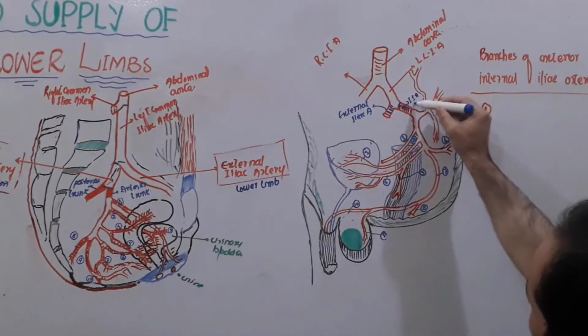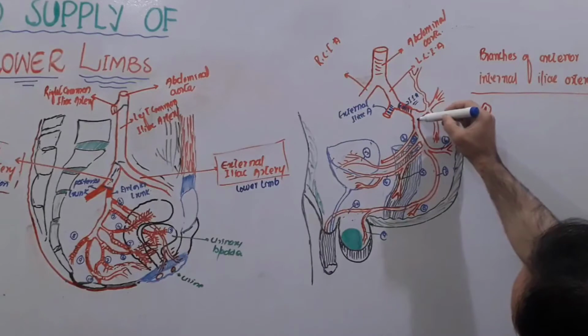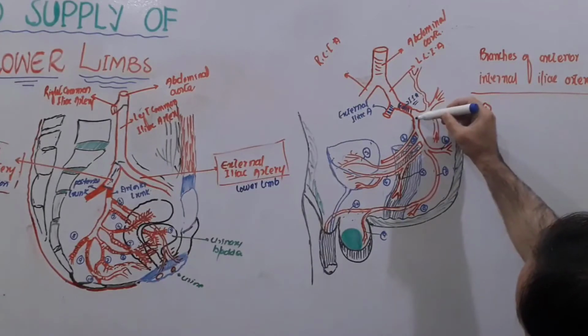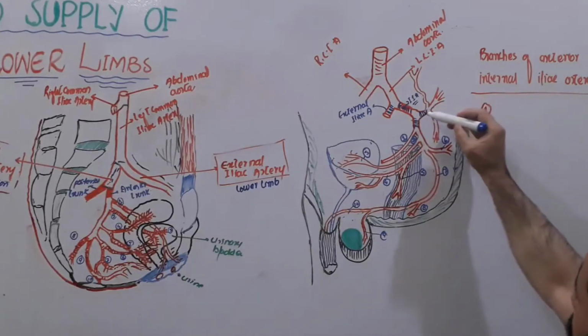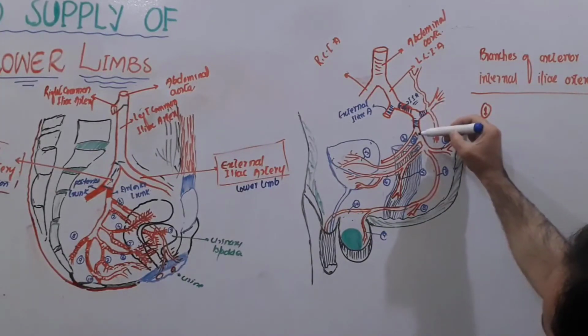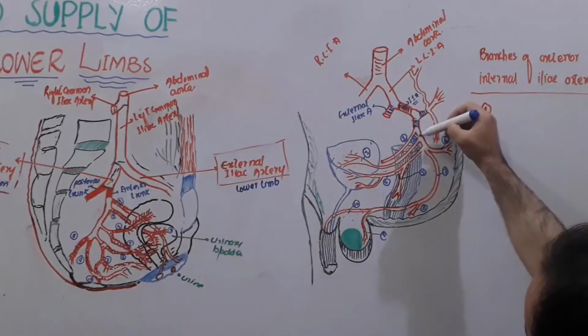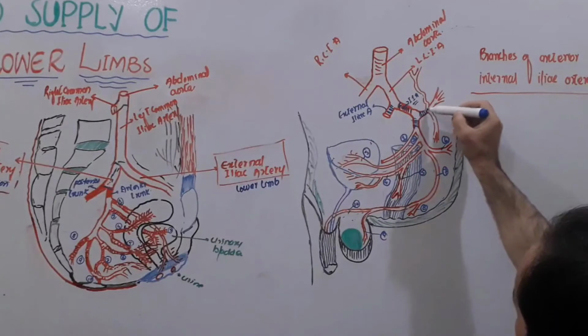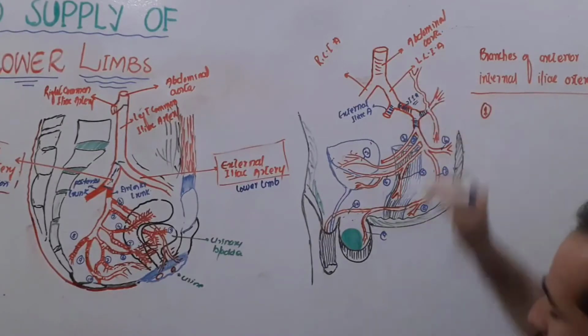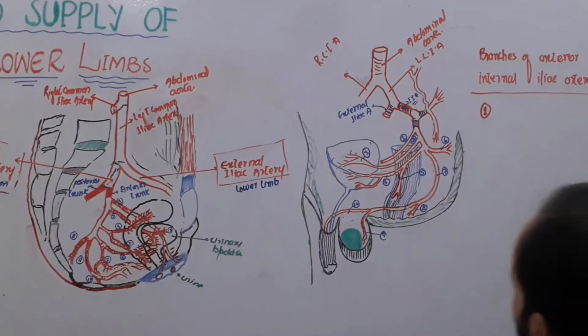Now, as this internal iliac artery comes further forward, it gives off an anterior trunk and a posterior trunk. So this is the posterior trunk, and this is the anterior trunk. The anterior trunk gives off about 10 branches, which we will see now, and the posterior trunk gives off 3 branches, which we will record also.